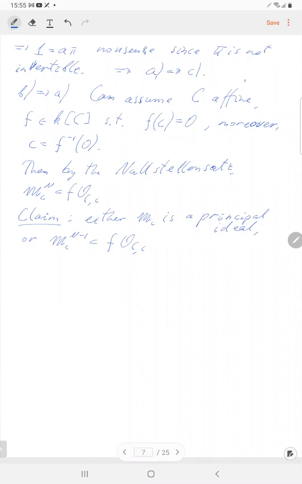Okay, so from this claim, well, the maximal ideal has to be a principal ideal.